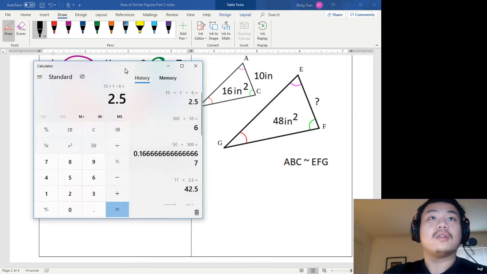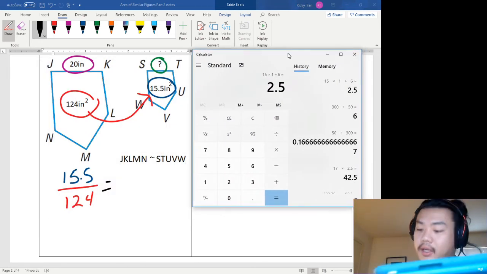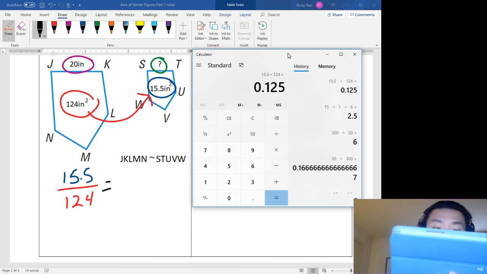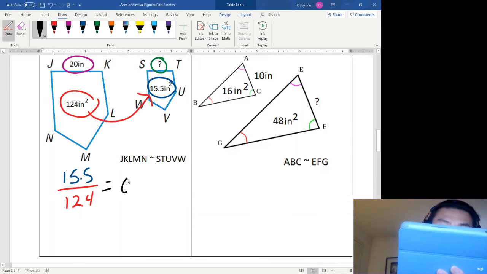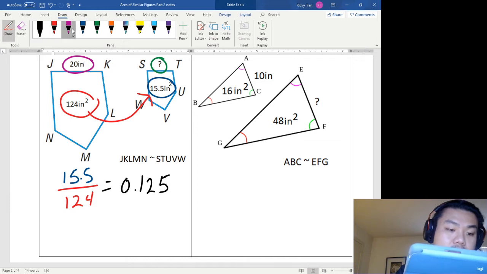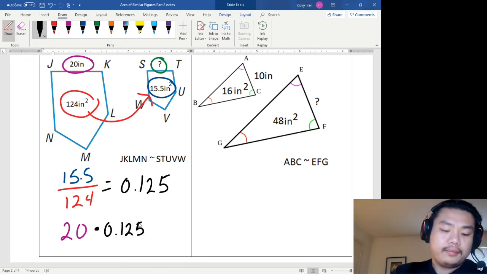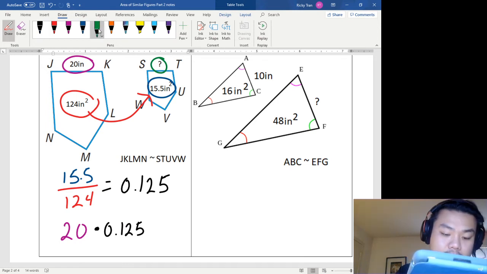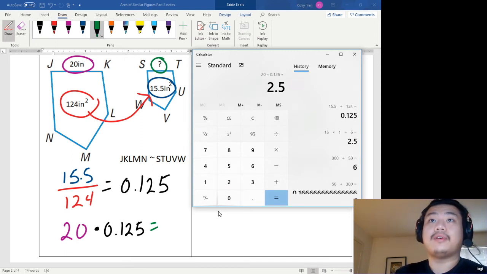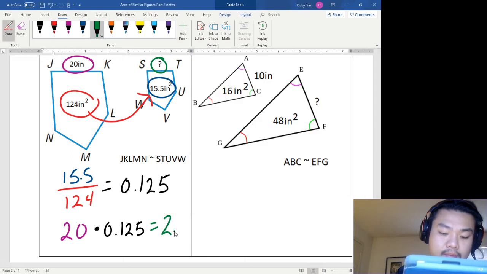Take this, throw it in the calculator. 15.5 divided by 124 is 0.125. So we take our side value and multiply it by 0.125. So 20 times 0.125, which is, oh, look at that, another 2.5.